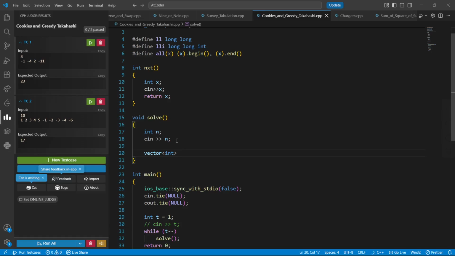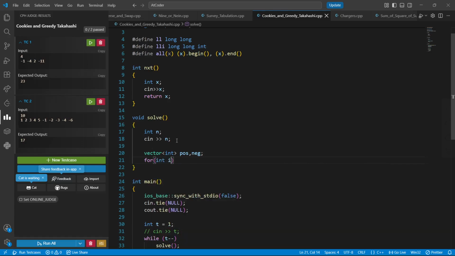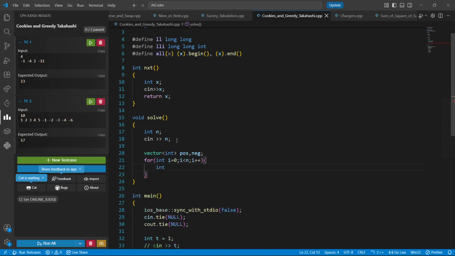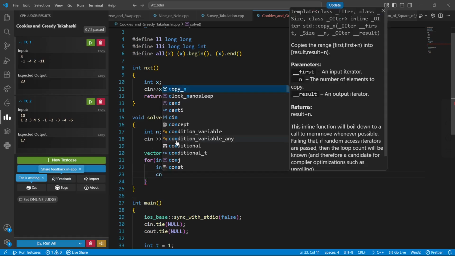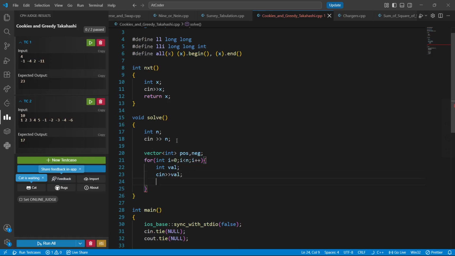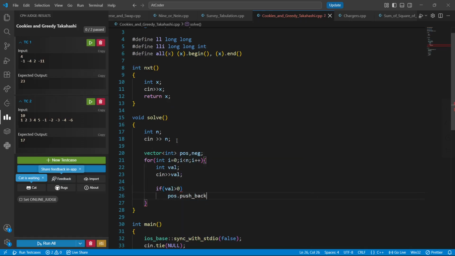As I said, it will be positive and then negative. Now I'll be running a loop. Basically, I'll be taking all the n cookies. I'll be checking if that value is greater than 0, which means it will be on the positive side. Else it will be on the negative side, and we don't have value as 0 as said in the question.